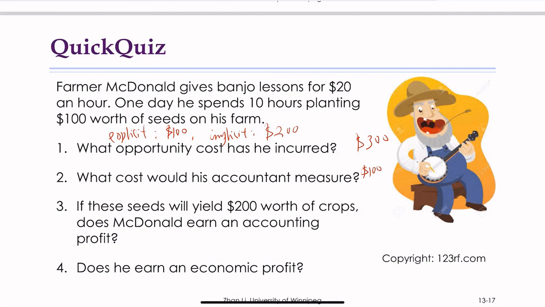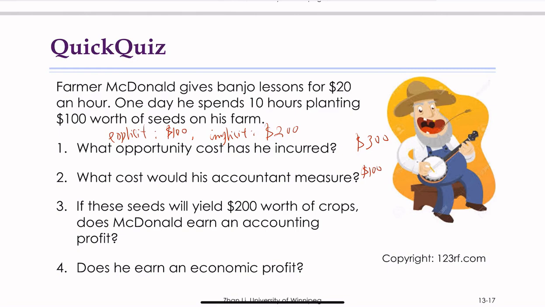Next, if these seeds yield $200 worth of crops, does McDonald earn an accounting profit? So obviously you have to understand what accounting profit means here, right? Accounting profit is basically the difference between total revenue and explicit cost.